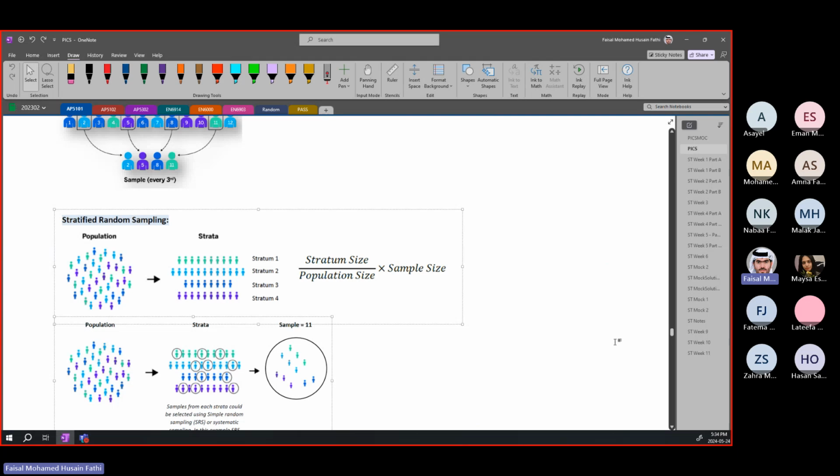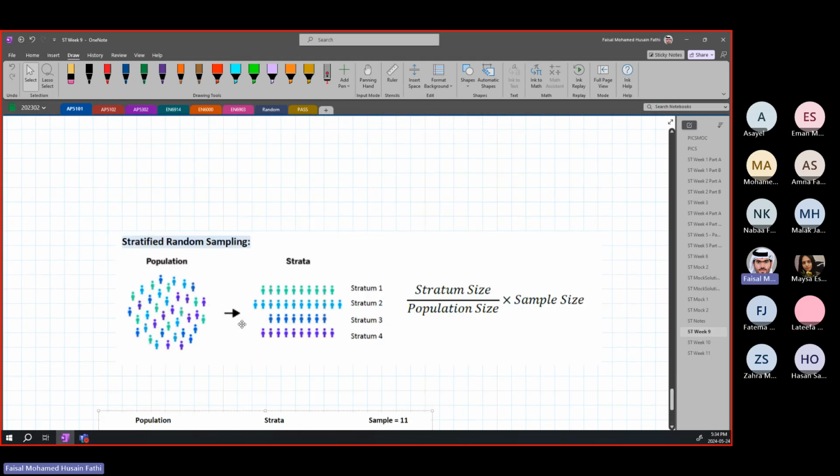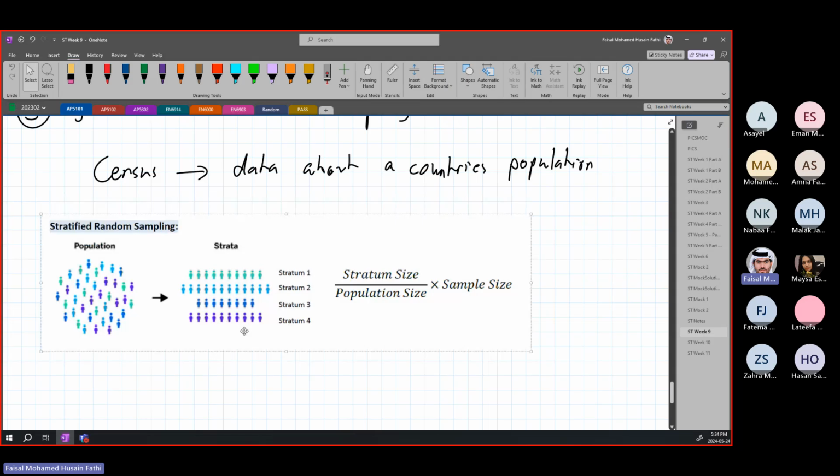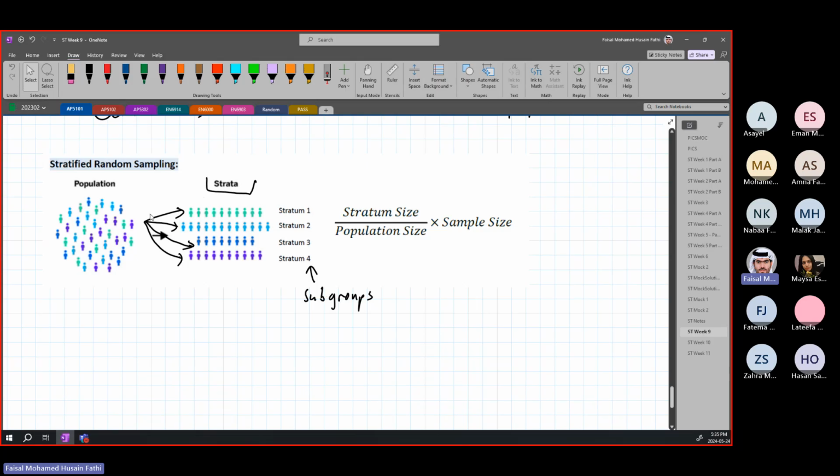So to show you how this is actually done, we have a population here, all right? This population is split into subgroups called strata. As you see, we have 4 strata here. These are also known as subgroups, or the group, the plural form is strata.